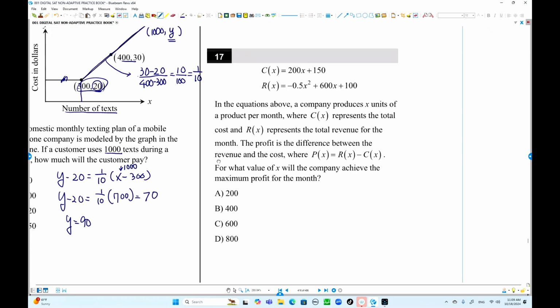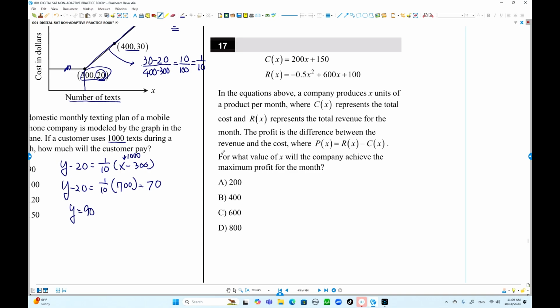All right, number 17. So C(x) is the total cost. R(x) represents the total revenue, okay? That's the income. Yeah, profit is income minus cost, right? P(x) equals R(x) minus C(x), right? That's the profit.